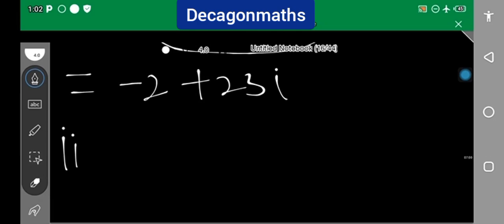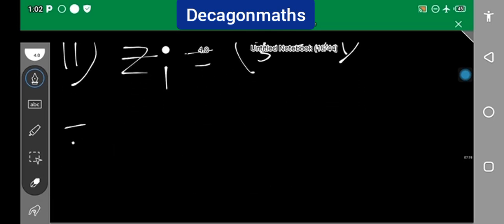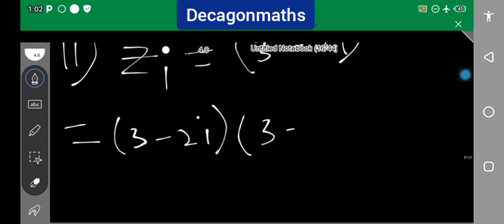Then the second one, which is II, we are to find Z1 raised power 2. So Z1 raised power 2 is what Z1 is, which is 3 minus 2i raised to the power of 2. And this can also be written as 3 minus 2i multiplied by 3 minus 2i.